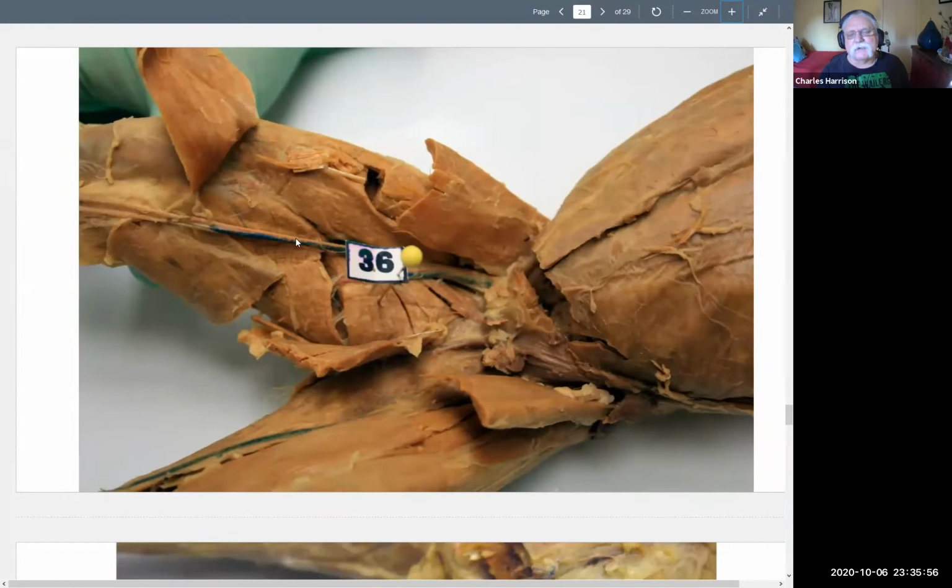In a roughly triangular shape here, this is the adductor magnus. This little piece is the pectineus, not labeled.